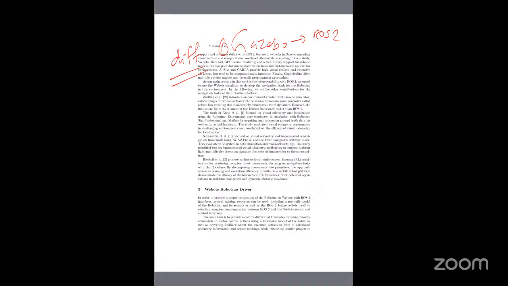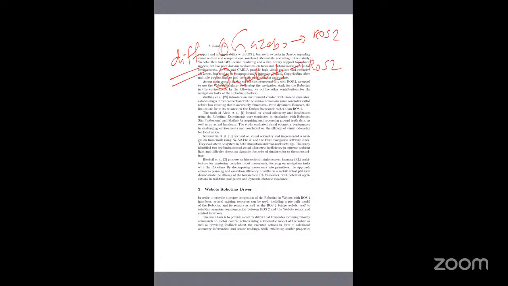Another one is called Webots. The advantages were rendering using GPU, which becomes very much faster, a large robot library, and also integration with ROS 2.